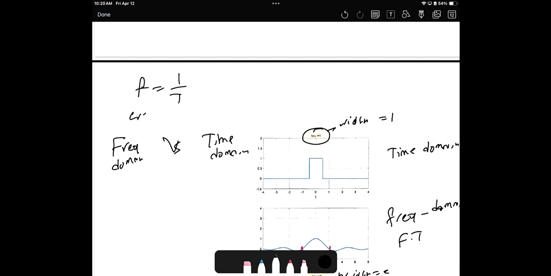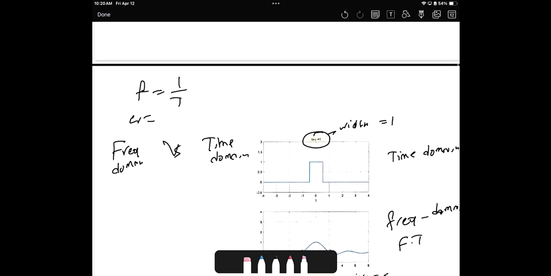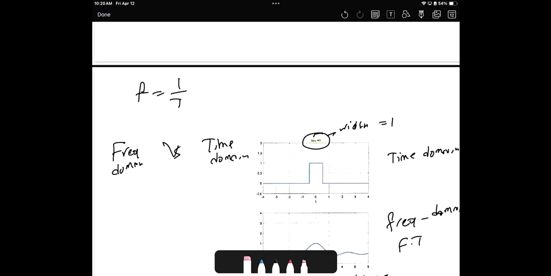So omega equal 2 pi f, or in other words 2 pi over T. Therefore f equal omega over 2 pi, or 1 over T, something like that.